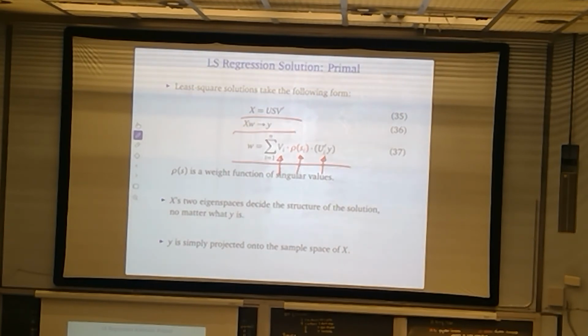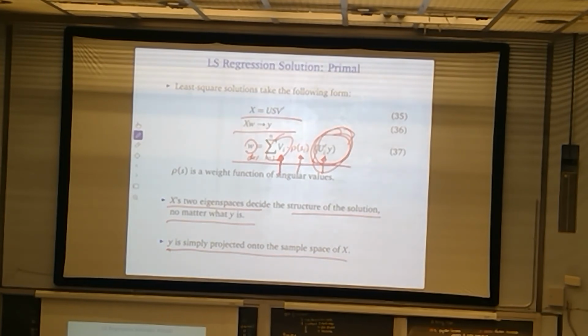The left side lives in D by 1, it's in the V space, the feature space. And this is just the target value, how it resonates with my intrinsic modes at the output end. So the X eigenspace decides the structure of the solution, no matter what W is. W just goes along for the ride. Really, it doesn't change the structure. It's just a linear projection.